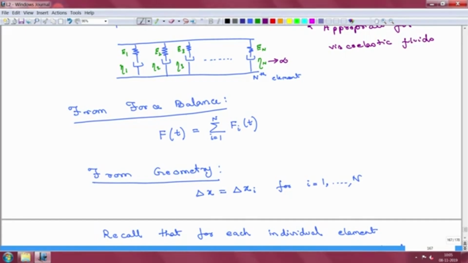Similarly, if you want to get rid of the initial instantaneous elastic response, then if you take one of these springs, and you can take any of them, because I already took N here, I am taking another case where if you take this term and you make it tend to infinity, then your initial elastic response will be gone and it will be determined by the viscous term, right.